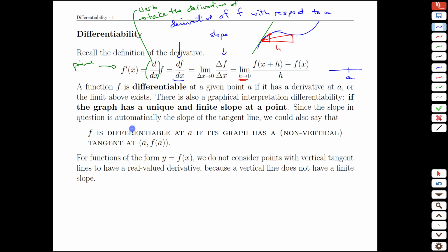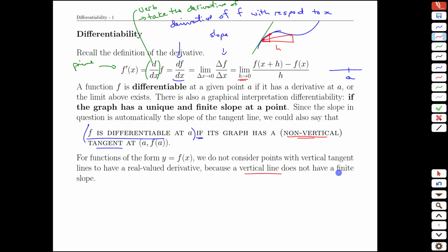Since that slope is the slope of the tangent line, another way we can say is that f is differentiable at A, let's include the point, if its graph has a non-vertical tangent, if it makes sense to define a single tangent line at that point. There is some fine print here that the graph cannot be vertical. Why do we include that one special case?